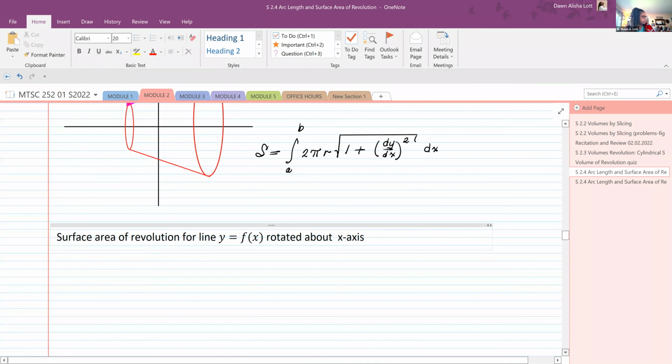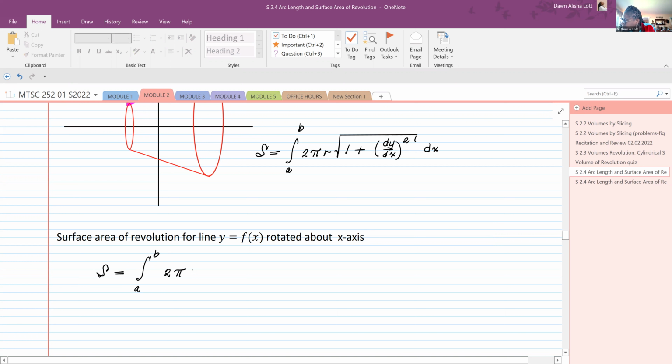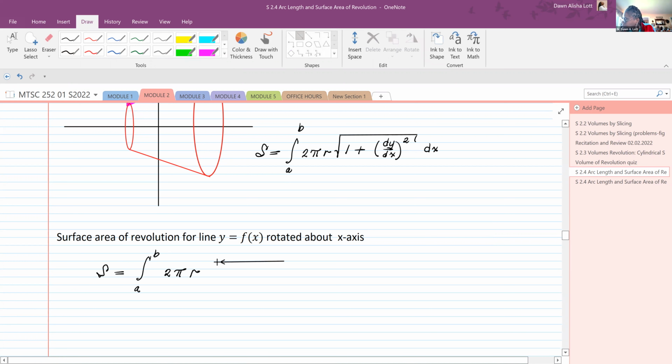which is S, surface area, is equal to, some people just write A for area. I write A or S, it doesn't matter. We can write SA, surface area, is the integral from A to B of 2 pi times the radius times the square root of 1 plus dy/dx squared.